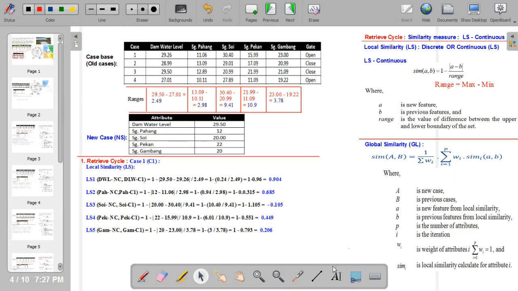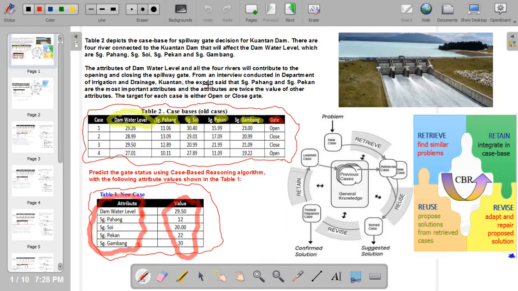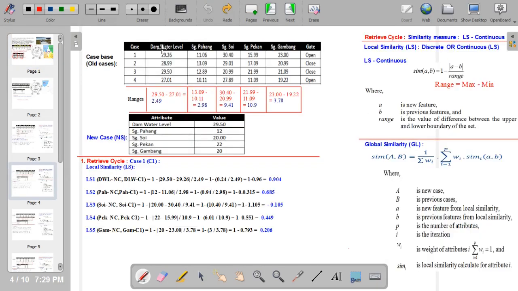So now let us see how we are going to calculate the global similarity between the new case and case 1 by using this formula. First of all, you have to ask, what are the weights for the attributes? If we go back to the question, the experts say that the attributes Bahang and Bitcan are the most important, as stated in the question.